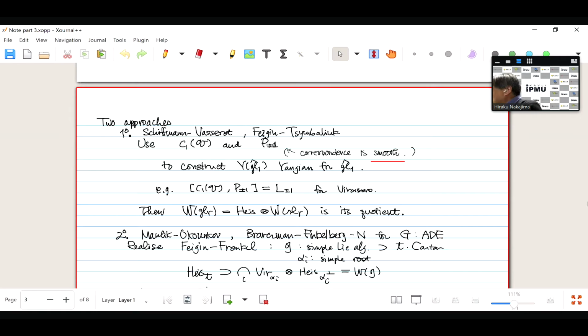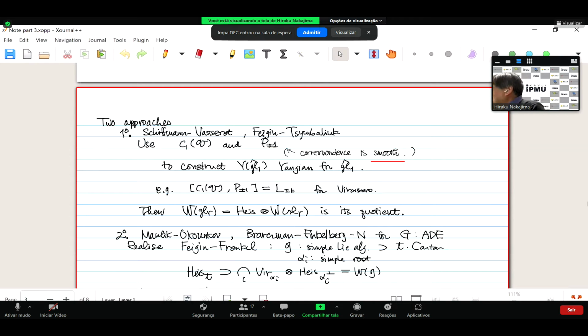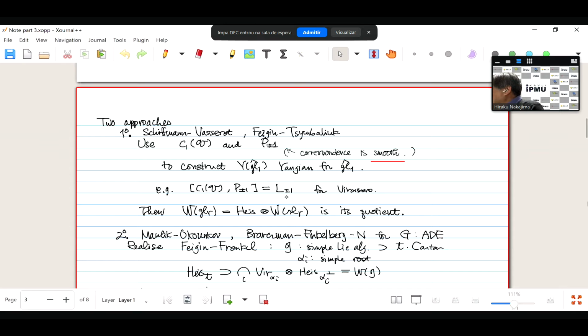It is a very large algebra. It contains, for example, the Virasoro algebra. This is given by the commutator of this first Chern class and the field P plus minus. So this is the first Fourier mode of the Virasoro algebra. Once you have this first Fourier mode, you take the commutator of this first one and Heisenberg.